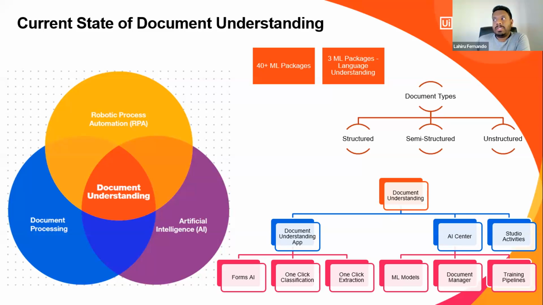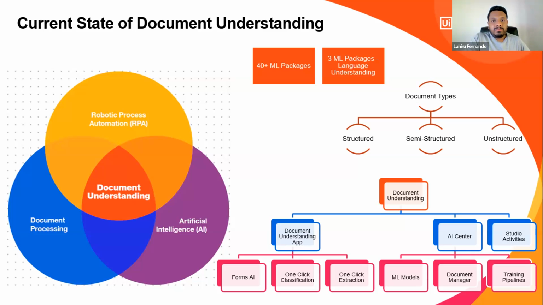For all this to work, we have different tools available within UiPath. The usual thing is the Document Understanding app on the environment, where you can access Forms AI and some of the recently introduced quick extractors and quick classifiers.